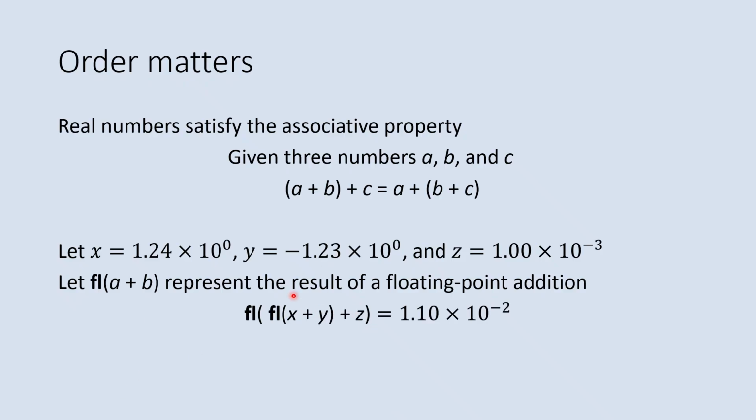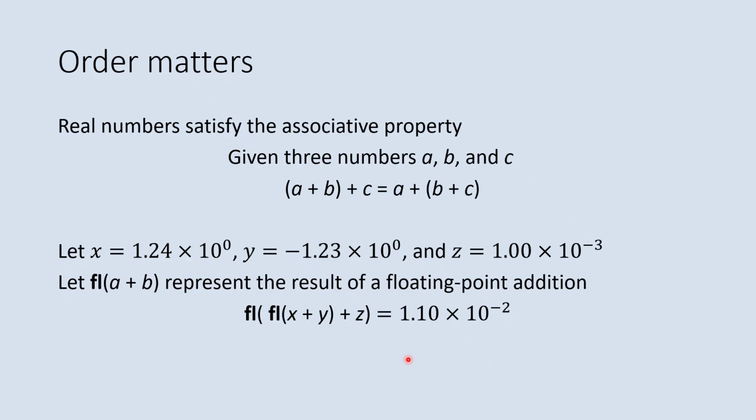So what would happen? We're going to add x and y together in the format that we have. Take that answer and add the z to that in the same format. And when we do that, we get 1.10 times 10 to the negative second power.